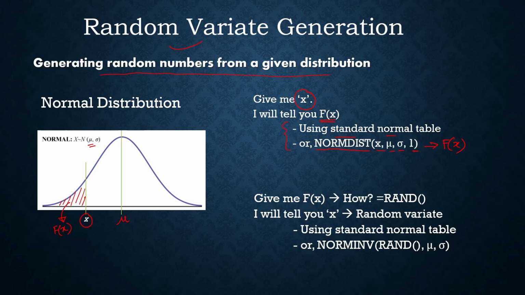Here the F(x) value will be given, and from that F(x) value you are going to calculate x, and this x is known as your random variate. And what is F(x)? F(x) is a random number generated from a uniform distribution between 0 and 1. So any random number between 0 and 1 will be your F(x) value.